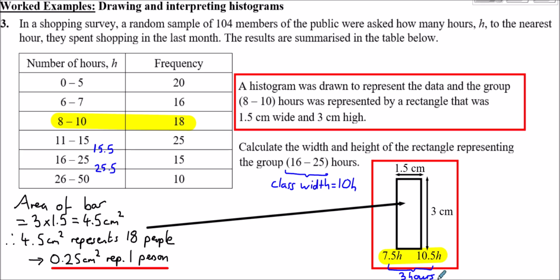Now, just thinking of this for a moment, the class width is 3 hours, and that's been represented by an actual width of 1.5 centimetres. So therefore, if we divide both sides by 3, 1 hour is represented by half a centimetre, 0.5 centimetres.